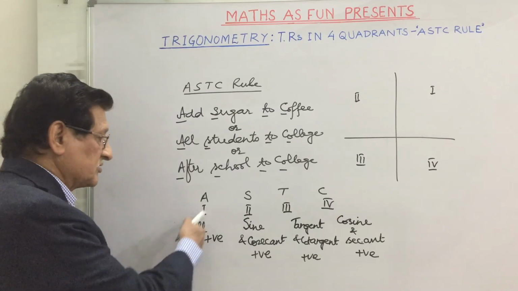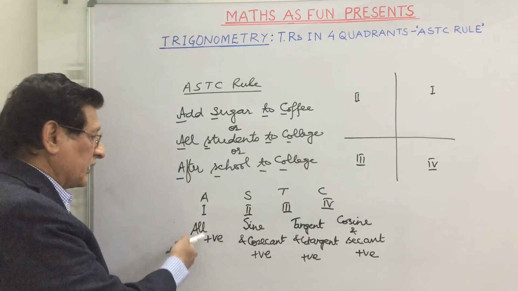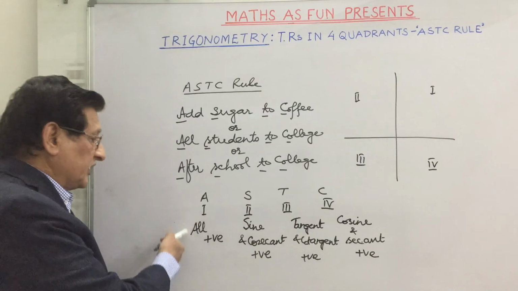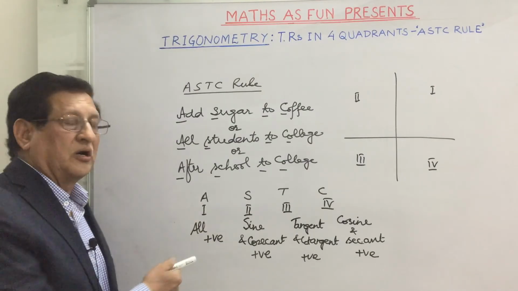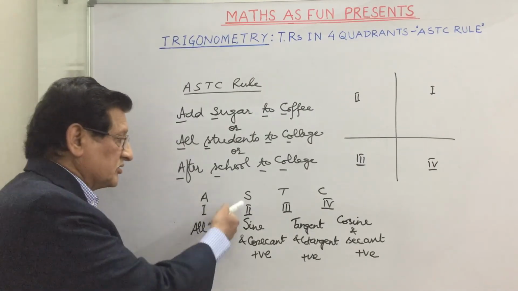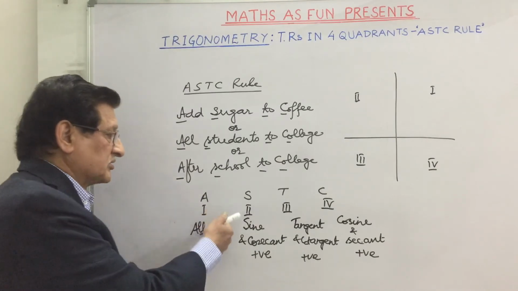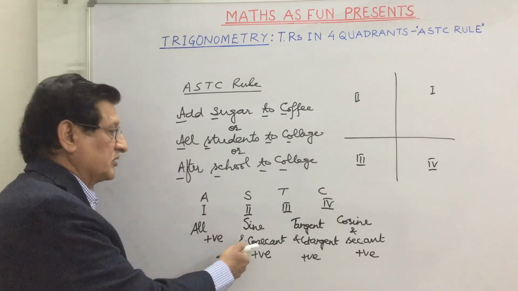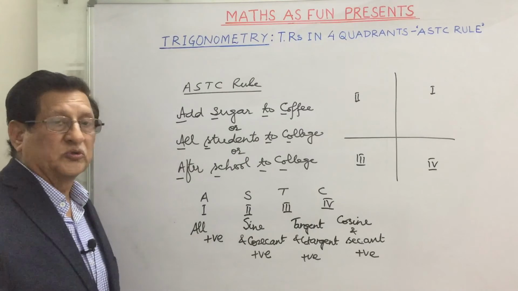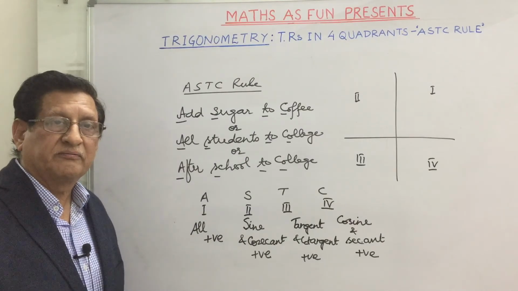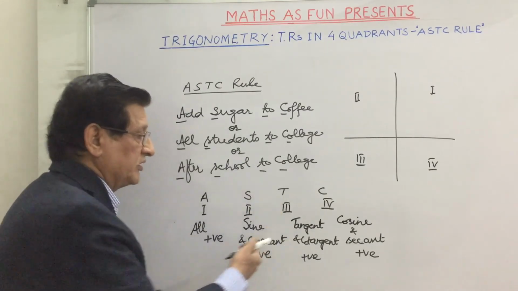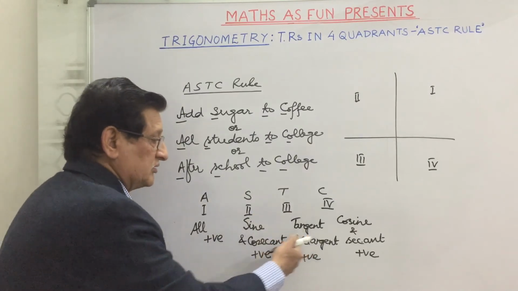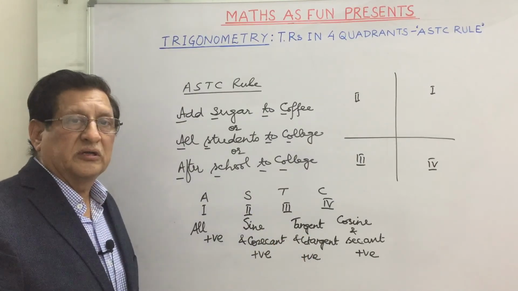So this is the easiest way to remember that when the angle lies in the first quadrant, all trigonometrical ratios are positive. If it lies in the second quadrant, then sine and cosecant of the angle are positive, the rest will be negative. When it lies in the third quadrant, tangent and cotangent are positive, the rest are negative.